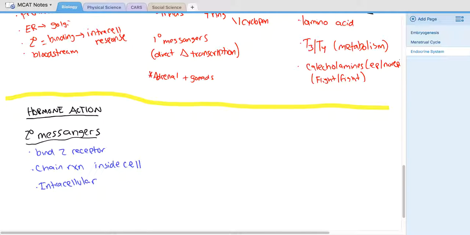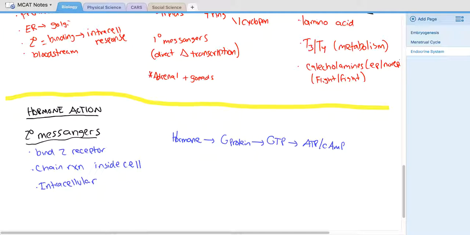So the way this is going to work is you're going to have a hormone, which will bind to a receptor and affect a G protein, and then GTP is used to move the G protein and activate an ATP and cyclic AMP cascade.